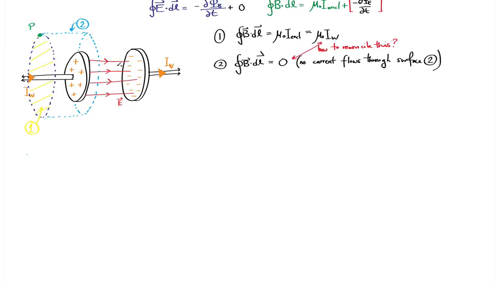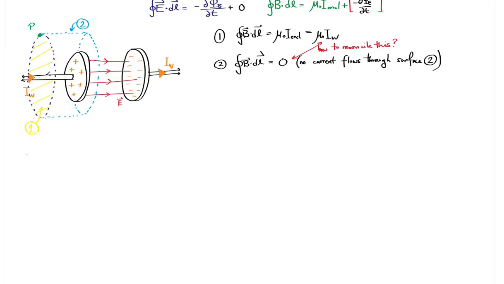There's a break in this wire, but we do have a current flowing. That current is moving charge, and if this wire has a break in it, then charge must be accumulating somewhere, right? So on these capacitor plates, for instance.